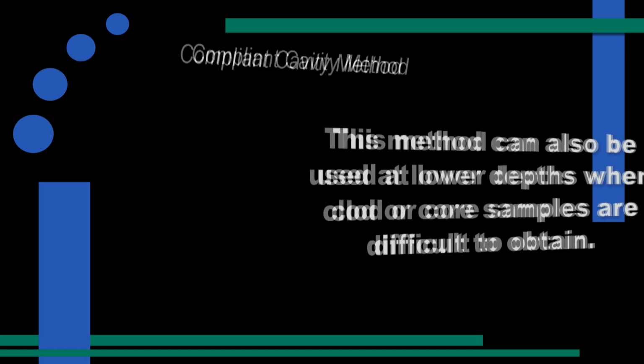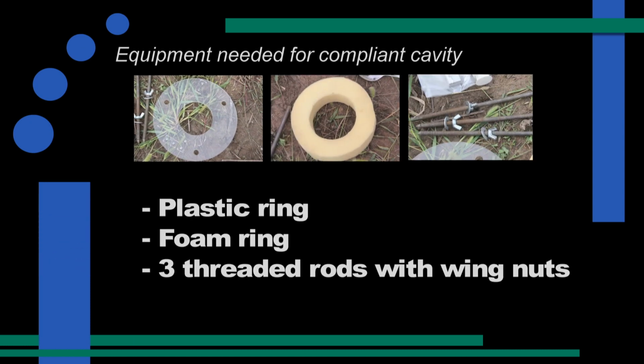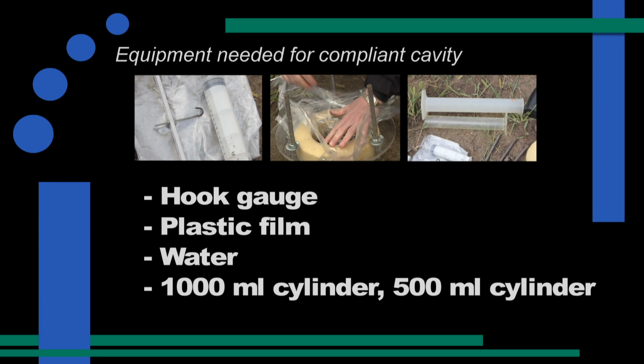Then you can do the compliant cavity method at different depths. The equipment that you need to do the compliant cavity: you're going to need a plastic ring, a foam ring, and 3 threaded rods with wing nuts on them. That's to help hold the ring in place. You're going to have a hook gauge, which is used to measure your datum, your reference point.